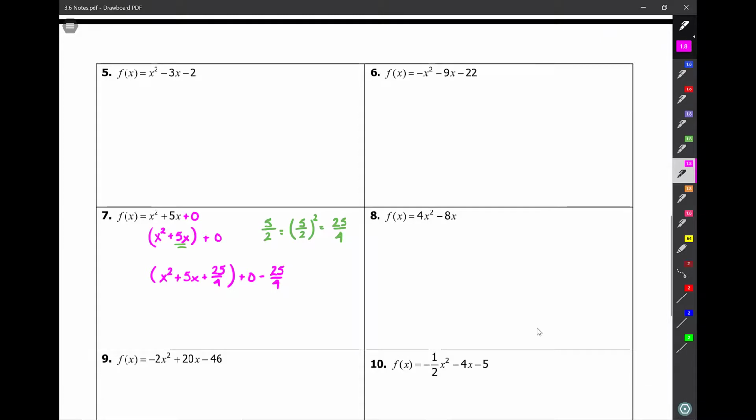And when I simplify this, my quadratic in the parentheses will just become x plus 5 over 2, because that's half the middle term, squared minus 25 over 4. That's in vertex form. Even though it has fractions, it's still vertex form. So the vertex can be expressed as negative 5 halves and negative 25 over 4. If you choose to put it in decimal form, that's okay also. You can do that.